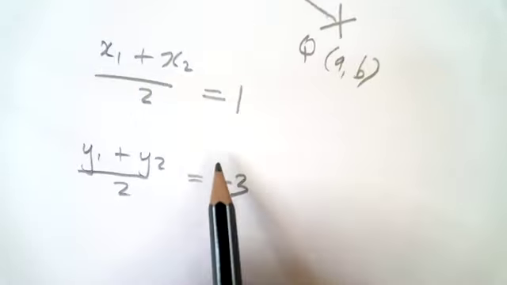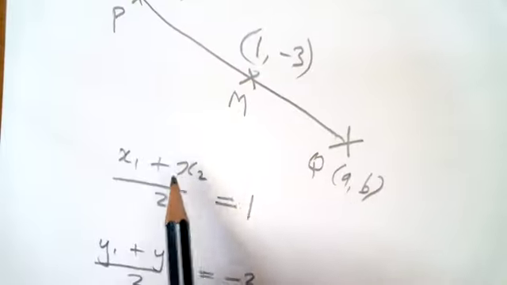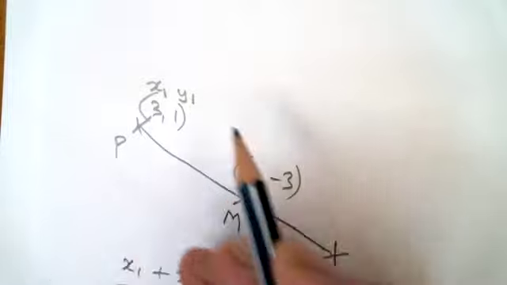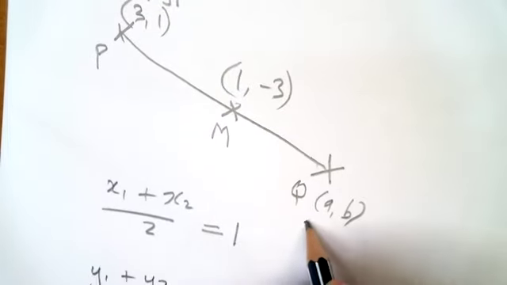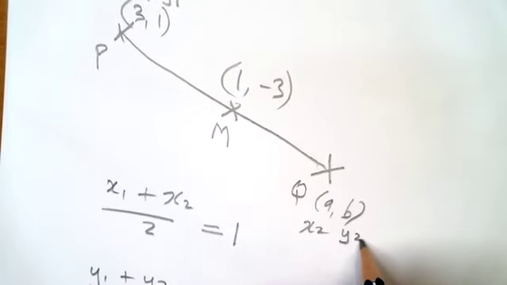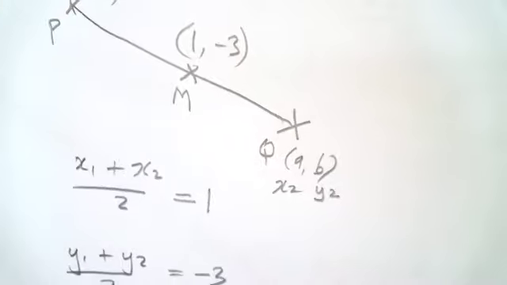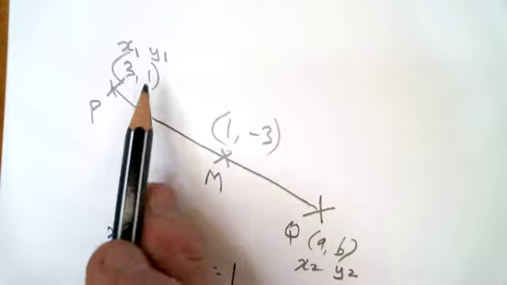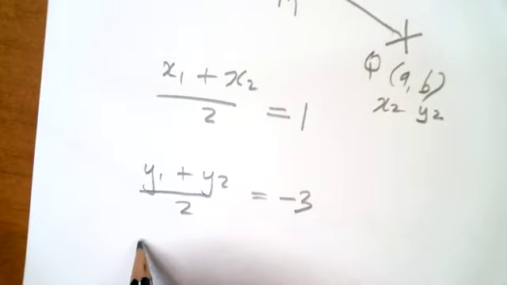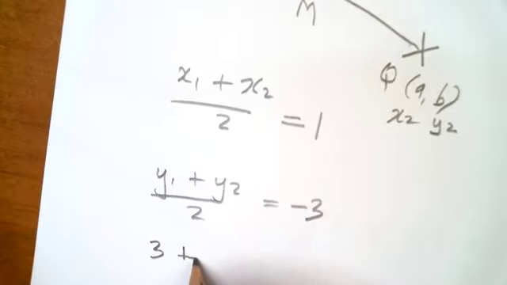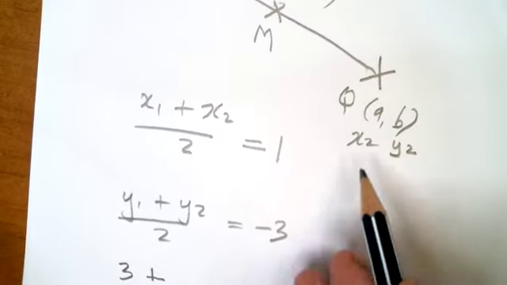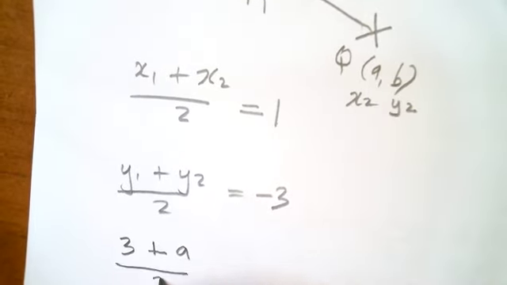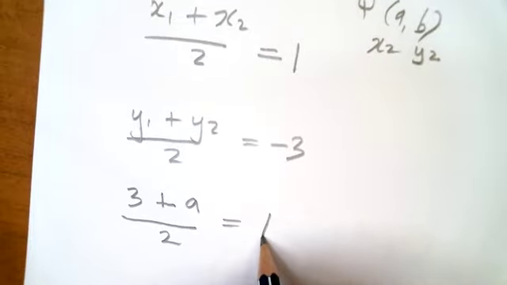So let's now rewrite this, but writing in what we know. So this is going to be my x1, here I'm going to put that x1. This is y1. This is my x2, I'm going to call it, and my y2. There it is. So now let's populate everything with that information. My x1 for a start is going to be 3. So I'm going to go 3 plus x2, we're calling it A, over 2 is equal to 1.